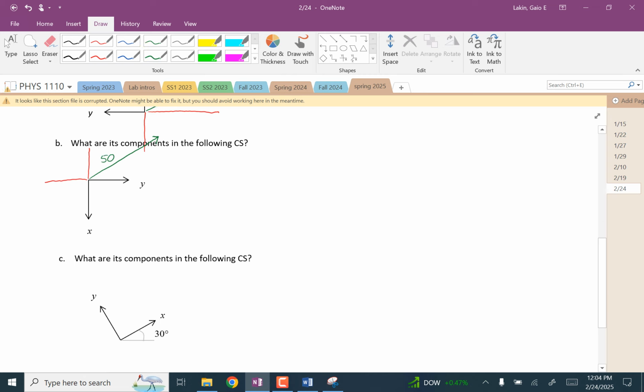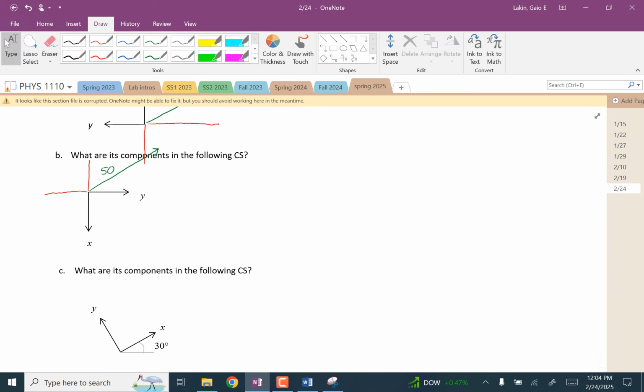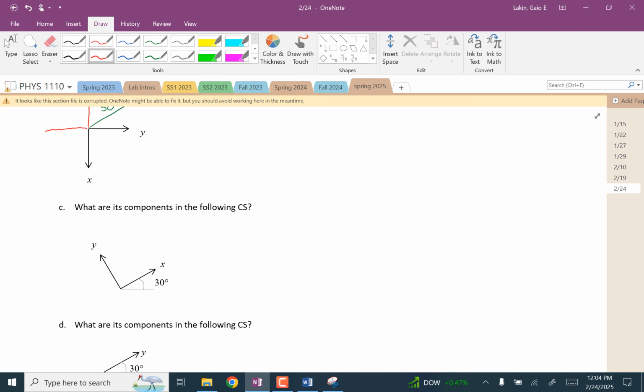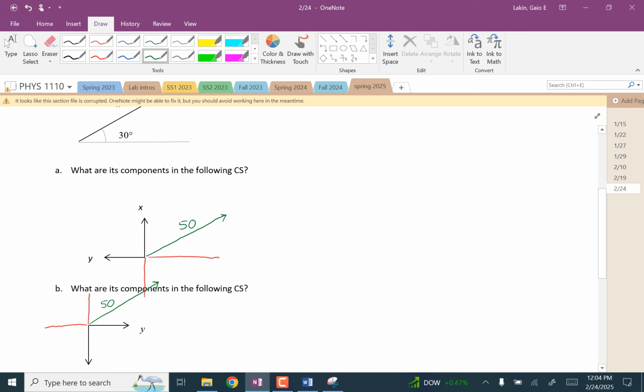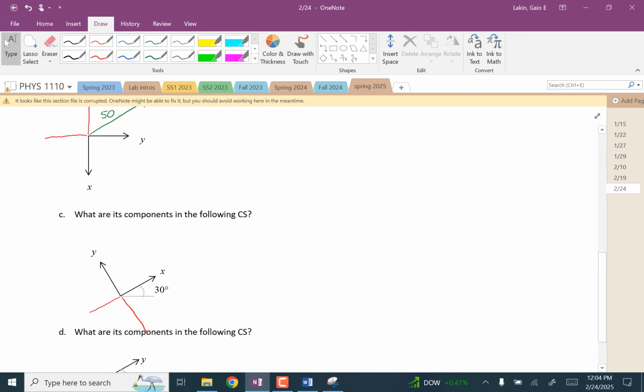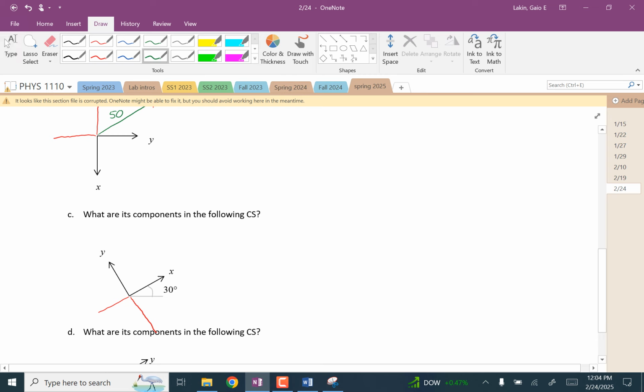Okay, for part C, I'll draw the negatives, but you can see that the x-axis is 30 degrees above a horizontal line. Well, that's where the vector is too. The vector is 30 degrees above a horizontal line. So that means that the vector in this case just goes right along that with a length of 50.